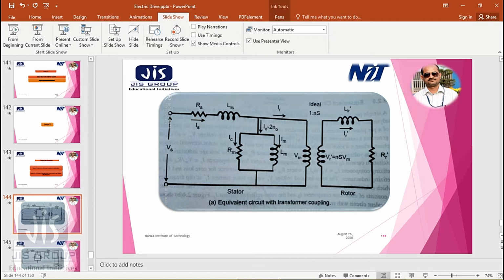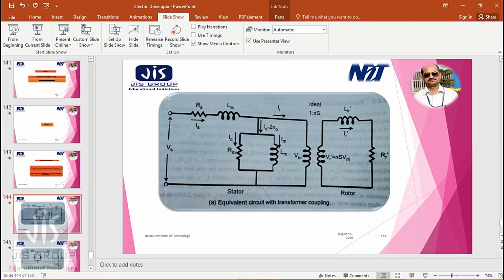Now this Vr dash, that is the rotor induced voltage. For this there will be a flow of rotor current Ir dash at slip frequency. We know that the supply frequency, or stator frequency, equals S into rotor frequency.